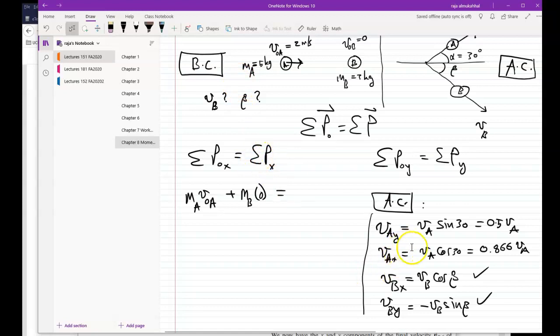In the x direction, here they are, guys, right here. These are the ones in the x direction.